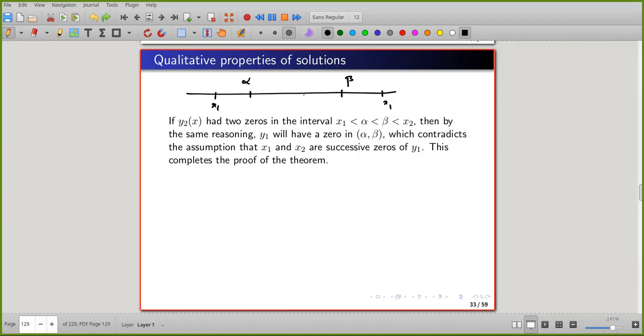Then we apply the same reasoning to y2 and we get that there is some point in between at which y1 vanishes, y1 equal to 0 at this point. But that's a contradiction, because we took x1 and x2 to be successive roots of y1. So this completes the proof of the theorem.